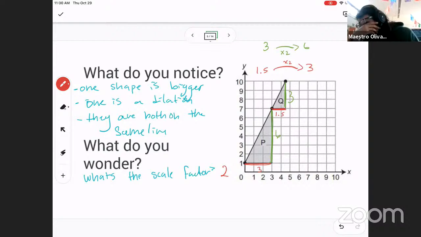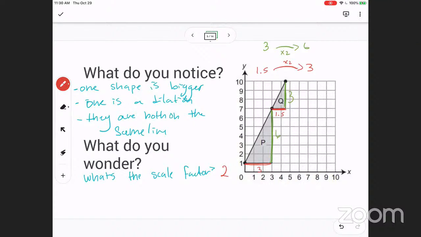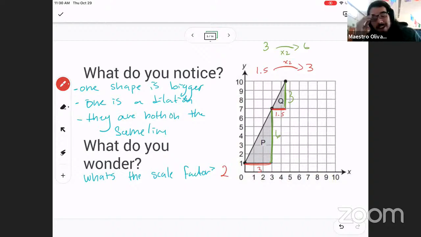Sorry, somebody had messaged me if I can let Jocelyn in, and I was like, okay, that's weird. I don't know why her name is Mitch. Hi, Leslie. You have my number, right? You can text me, be like, Maestro, can you let me in? Because I just don't want random people joining the class, especially when they're changing names.